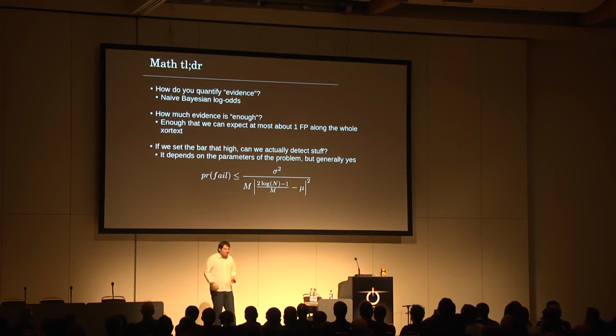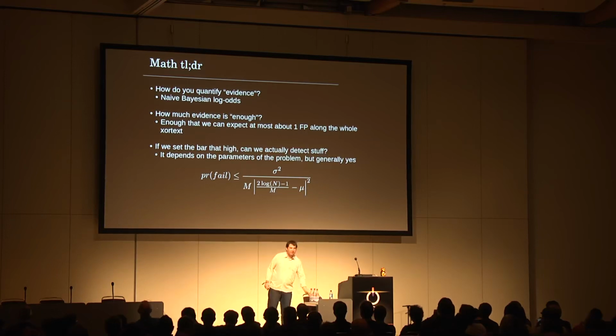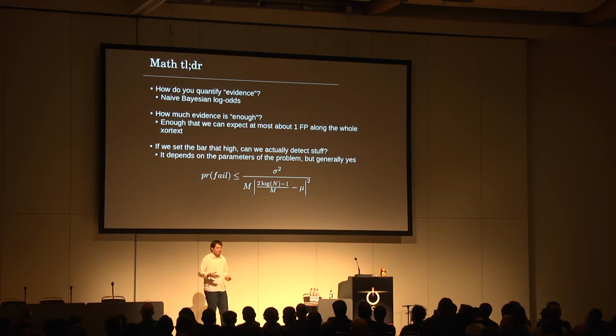And the question is, if we set the bar of evidence that high, can we actually detect something? Because it may well be the case that if we're this demanding, when we come across the actual thing that we're looking for, the two XORed ciphertexts, we're not going to be able to find them because there won't be enough evidence. But as it turns out, there's this formula.